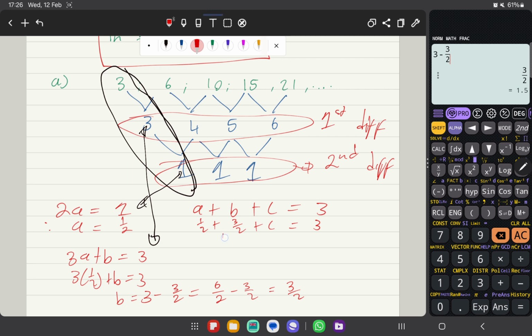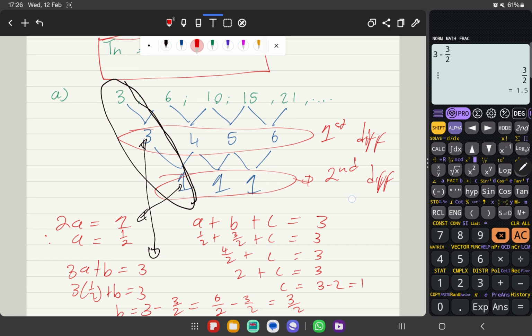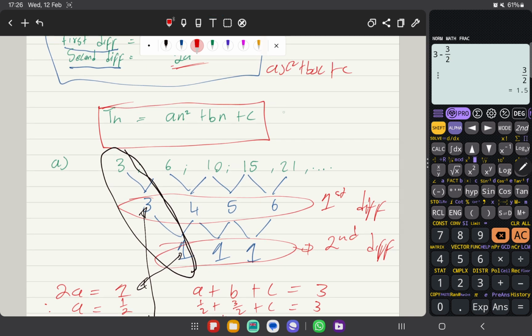I have 4 over 2 plus c equals 3, which is 2 plus c equals 3, then c equals 3 minus 2, which is 1. So I'm done.